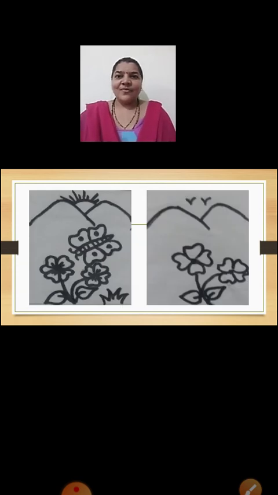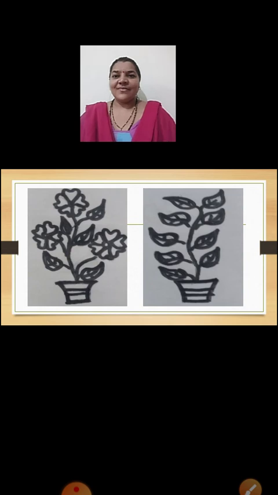See, one more picture, you have to do the homework. Here what you can see children? Yes, these are plants. Here also you are going to find out the difference and you will cross it.